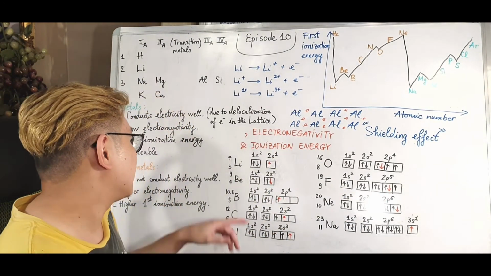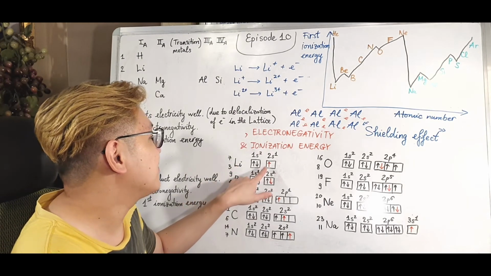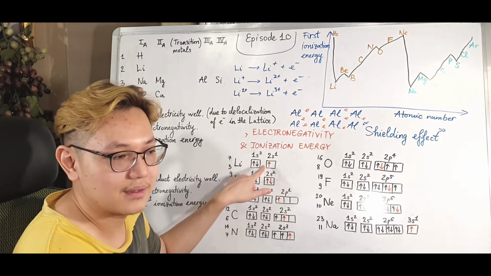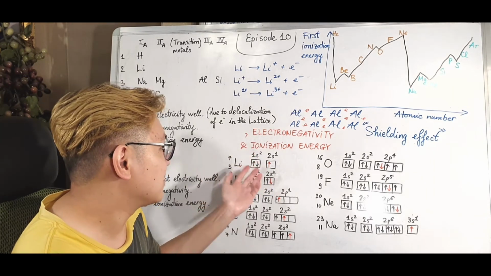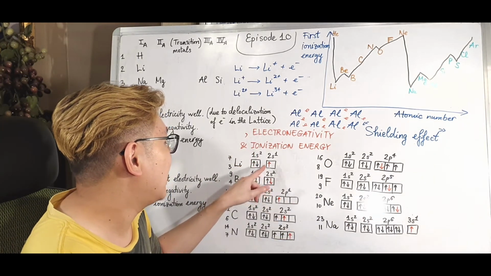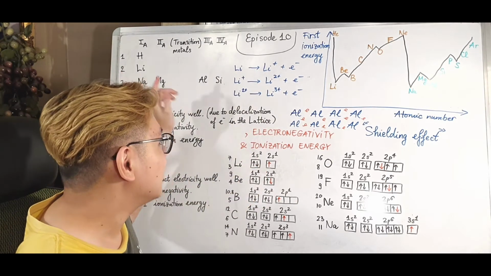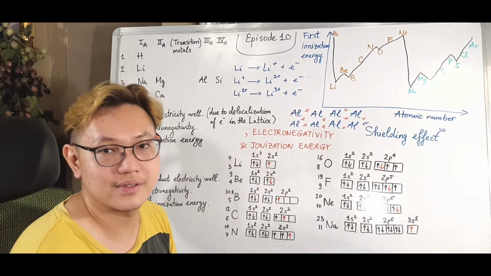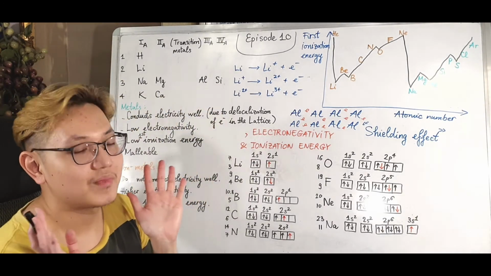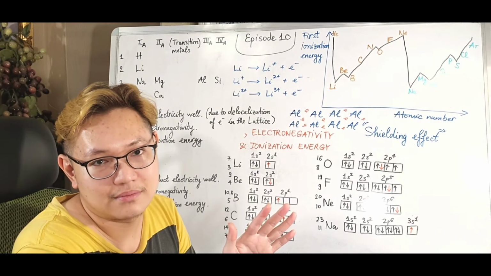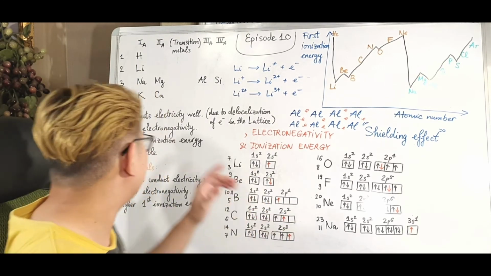But look at, say, lithium, for example. It wants to give up this electron. It's very easy to give up this electron. So that's why it's the opposite of fluorine. And that's why lithium, all the way to the left, has very low electronegativity. So, in short, metals easily give up electrons, so they have low electronegativity.